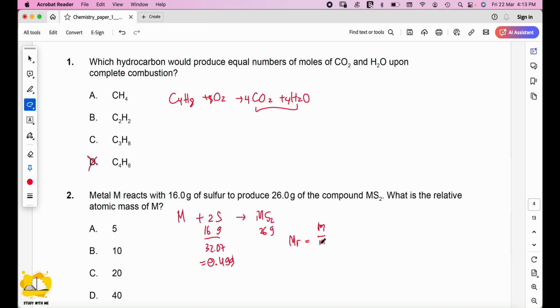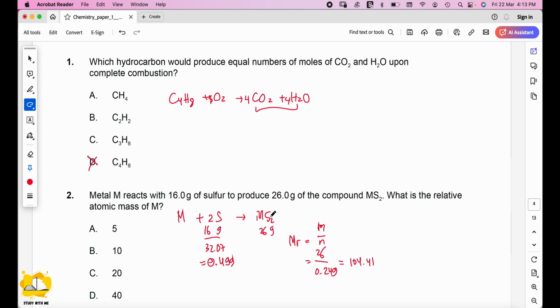But for the mole of MS2, because of the coefficient, the mole will be half of 0.499. So the mass is 26 and the mole will be 0.249, as it is half of 0.499. So you will get 104.41. So we get the molar mass of MS2.